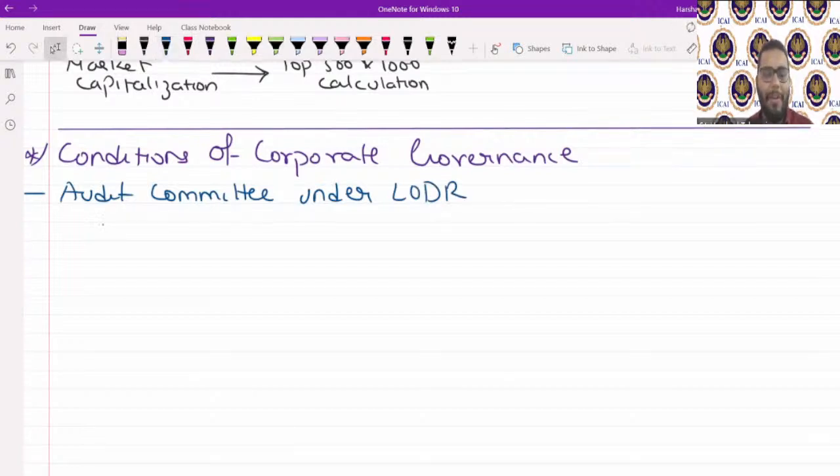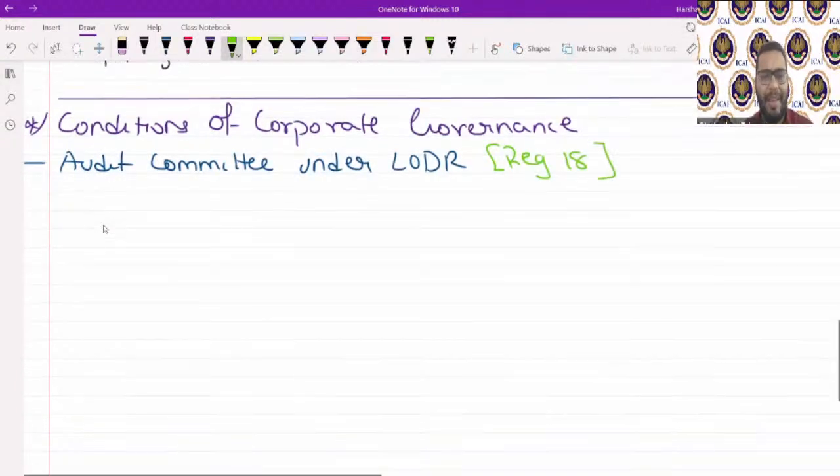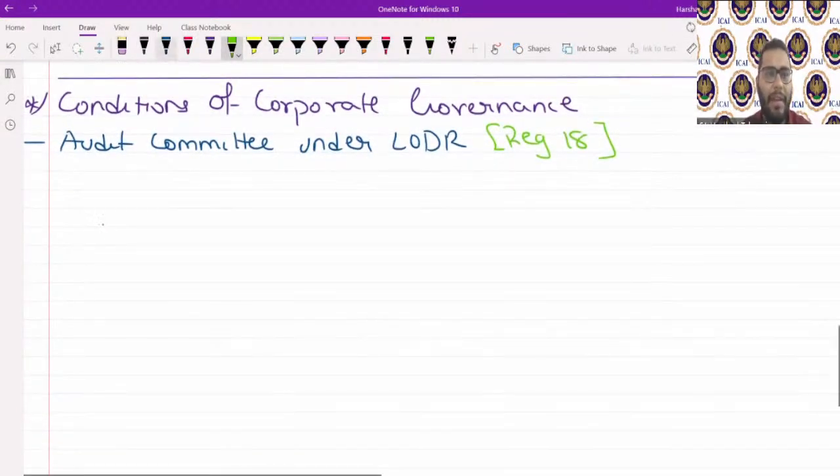Understand what are the requirements of the audit committee, what are the provisions, what are the compositions and details of the audit committee mentioned under LODR. Okay, this will be regulation 18 of LODR. We'll see what the regulations are.